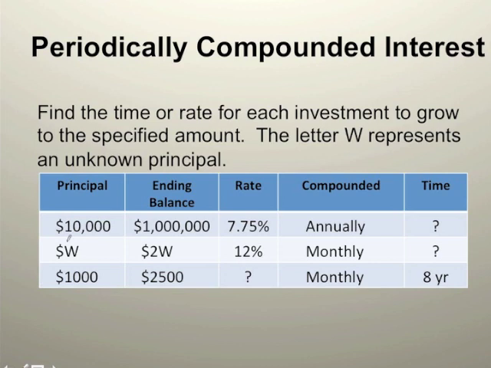We have, starting with W, we want to double that, so it's 2W at 12% compounded monthly. How many years will that take? Well, we end up with 2W equals W times 1 plus 12 hundredths divided by 12, to the 12t.